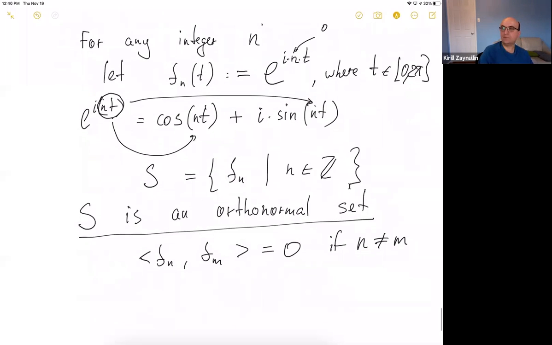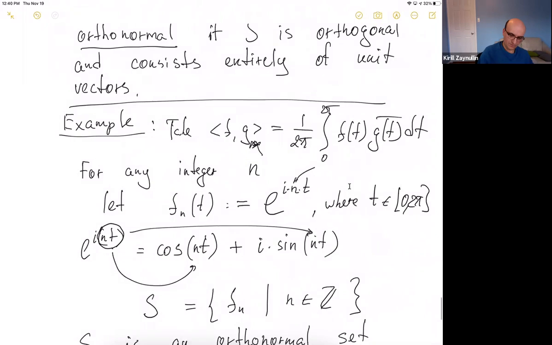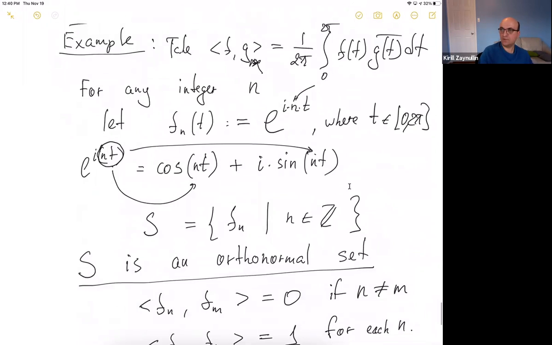This will tell you that this set is orthogonal. And then you need to show that if you compute the inner product of f_n with itself, it's always 1 for each n. This condition will tell you that this set is orthonormal. And again, you just substitute it inside that integral and do some computations with exponential functions, which is pretty easy, right?